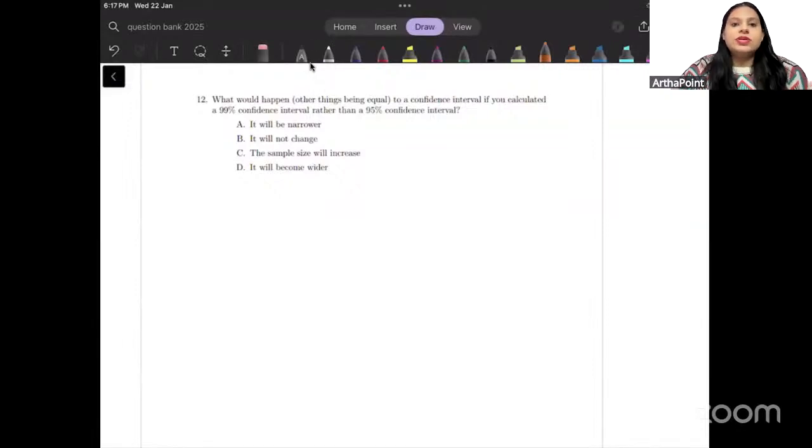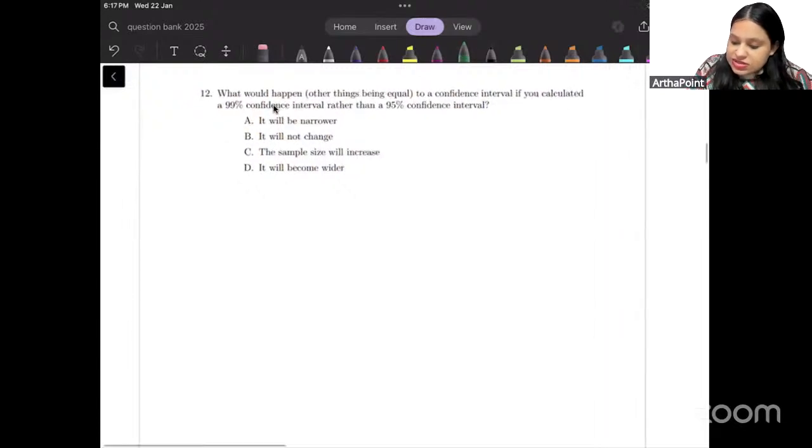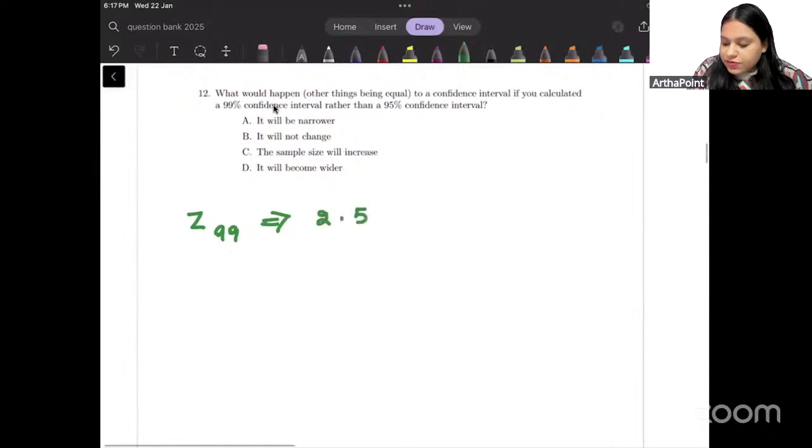Good. Very good. Yes. All of you are correct. That is the right answer to this question. So, see, Z value at 99% confidence interval, when we do 2 tailed, is 2.58. And when we find Z at 95% confidence interval, again 2 tailed, it is 1.96.